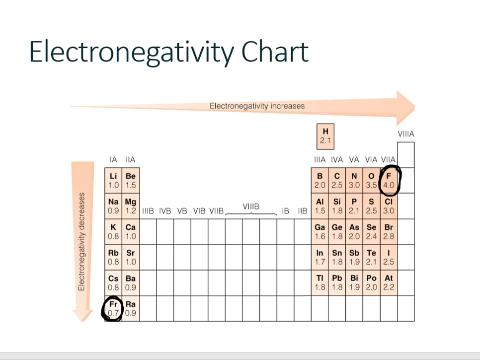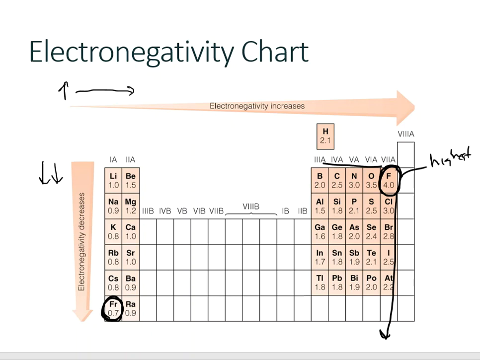But there's a general trend here, and the general trend is listed on this image. Electronegativity goes up as you go across, and electronegativity goes down as you go down. In other words, fluorine is going to be the highest. If you want to use that as a starting point, as you go down from fluorine, it gets lower, lower, lower.